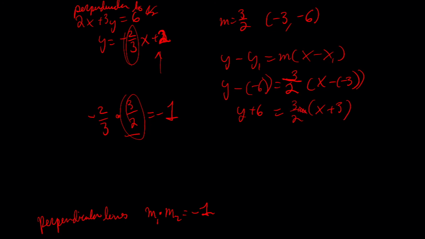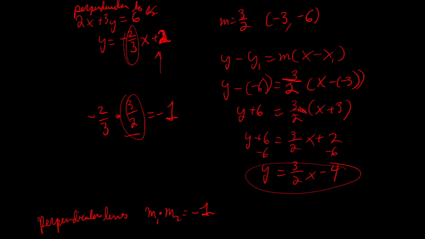I have y plus 6 equals 3/2 x. 3/2 times 3 is just 9/2. I subtract 6 from both sides. I get y equals 3/2 x minus 4. So that's our final answer. This line is perpendicular to this one.